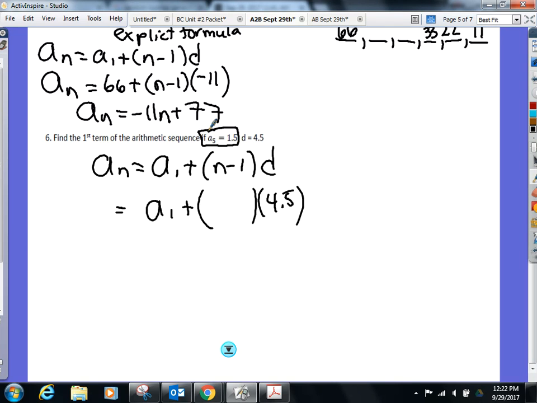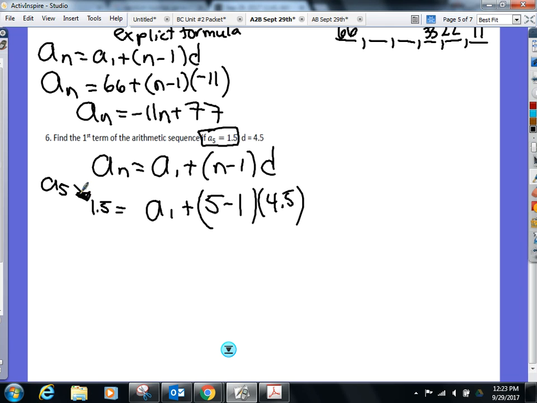So what number could I plug in for n then? What's the subscript? Since I'm given the 5th term, I can plug in 5 for n. Now be careful here. I'm not going to plug 5 over here because this is the 5th term. What is the 5th term? 1.5. Take a look. The 5th term is 1.5.